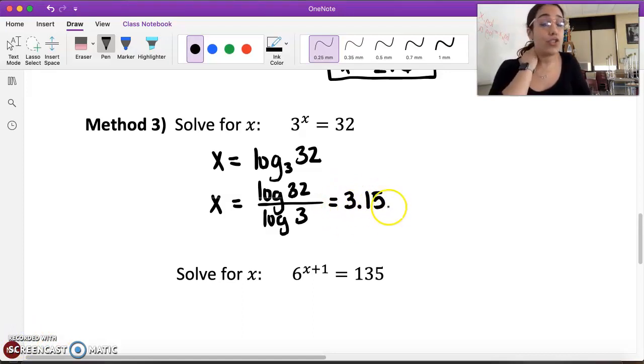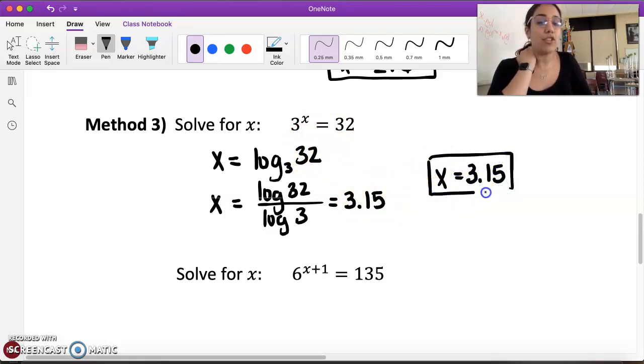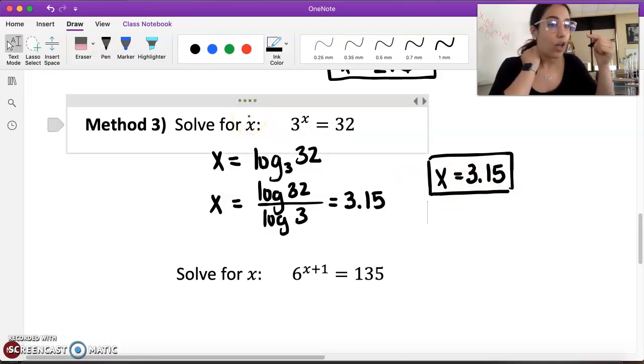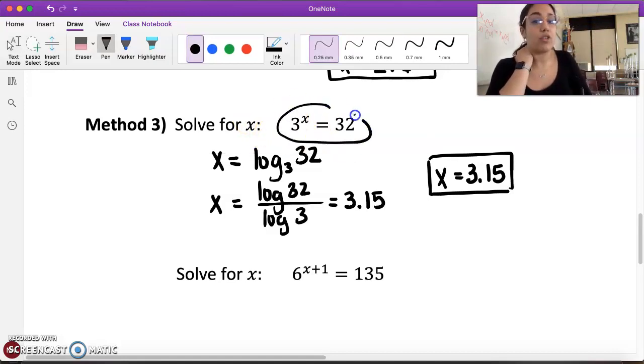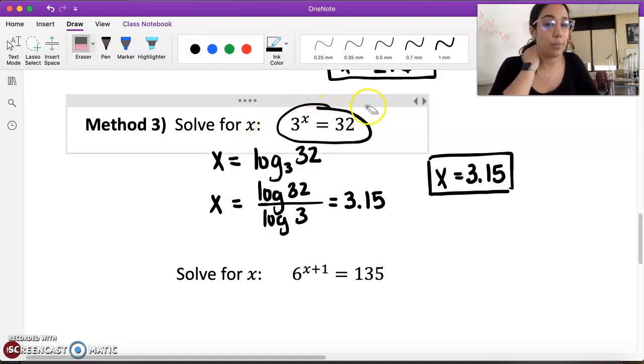Now I know that this is true because 3 cubed is 27, so it has to be a little bit more than 3. So 3 to the 3.15 is 32. And so x equals 3.15. And this is an exponential equation that we are using logarithms to solve. So there is no domain restriction when it comes to exponentials, because the domain of exponentials is all real numbers.